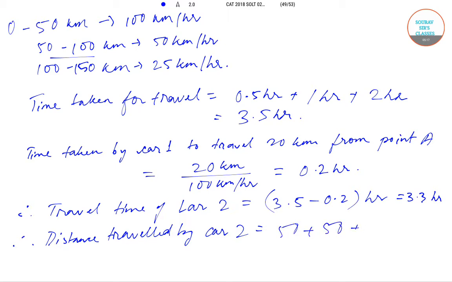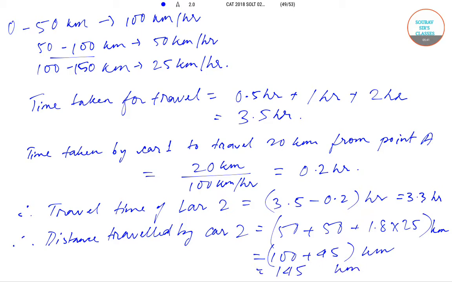But of the last 2 hours, if we take out 0.2, we are left with 1.8 hours, multiplied by the speed at the final stretch, 25 kilometers per hour, will be the distance. So this will be 100 plus 45 kilometers, which is equal to 145 kilometers.